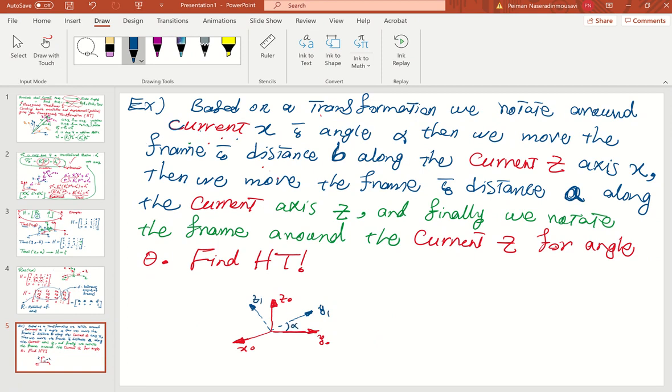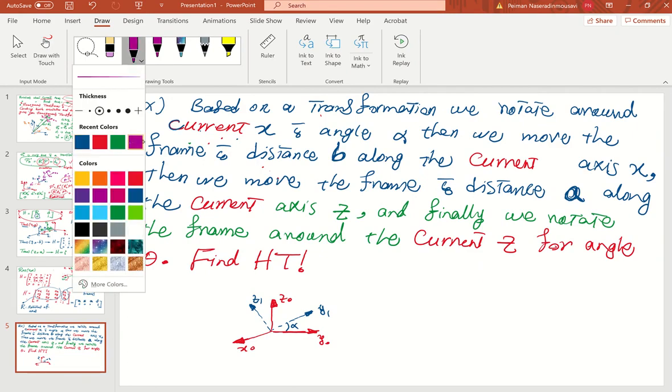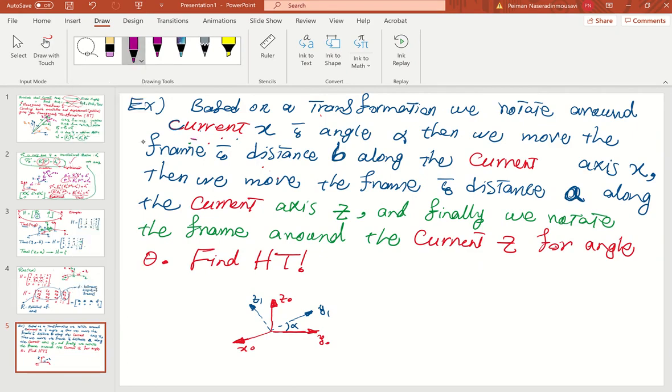Right. Then we move the frame, new frame, to distance B along the current axis X. So we are moving along this. That's right.